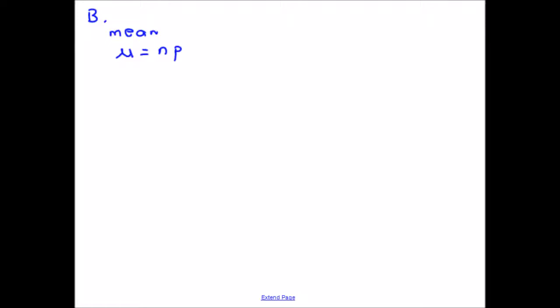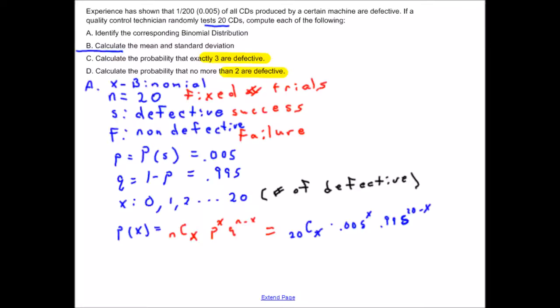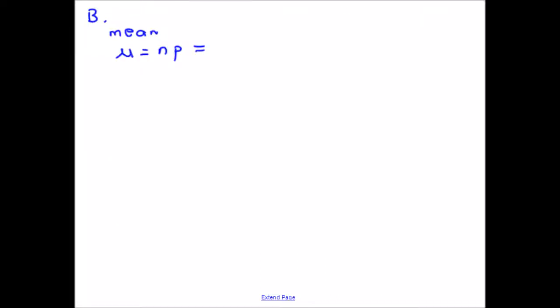N, P. Out of 20 items, I would expect 0.5% of them to be defective. NP, which would be 20 times 0.005. That gives us 0.1, 1/10.